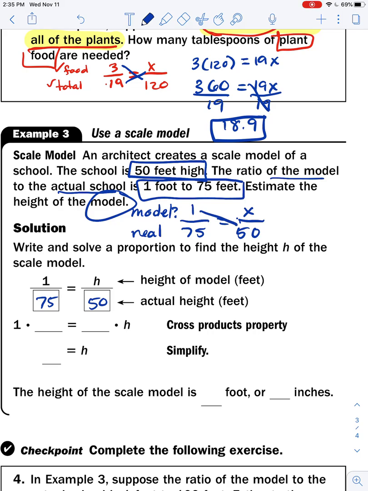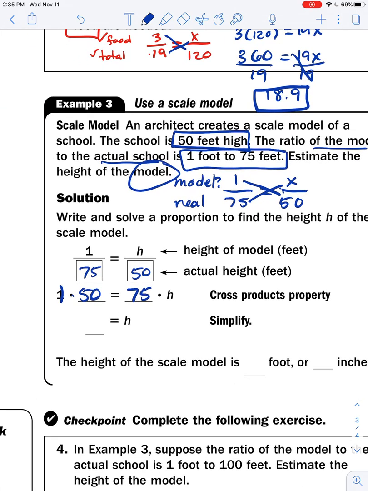So then I'm going to cross multiply. I'd have 1 times 50, and then here I'd have 75 times x. I used x, they used h for height. Either way, this is going to be 50 equals 75h.